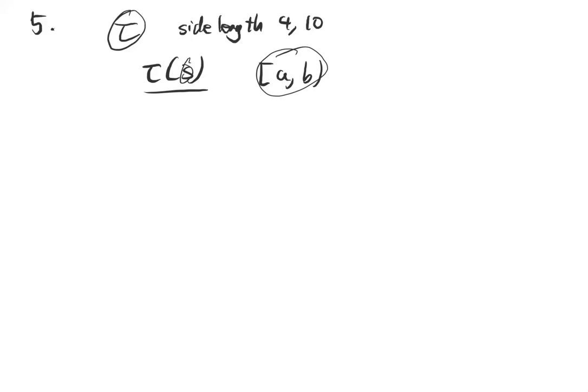When we compute the area of a triangle, we actually don't really care about the angle. Let's say we have the base 4 and then 10, and this is an obtuse triangle, right? We care about the height. As long as the height is the same, we don't care how the triangle looks.